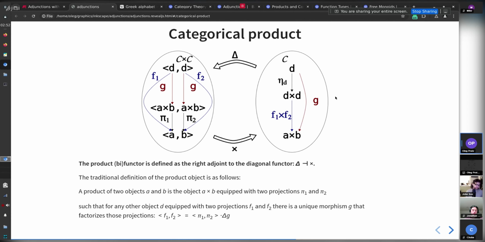Now, I claim that the product functor or bifunctor is defined as the right adjoint to the diagonal functor.